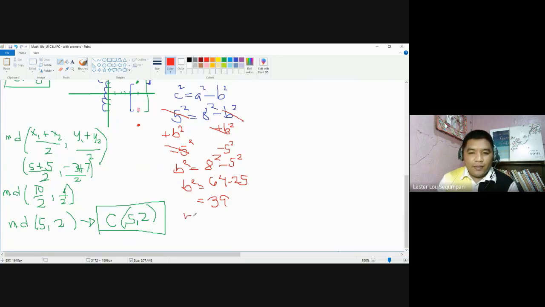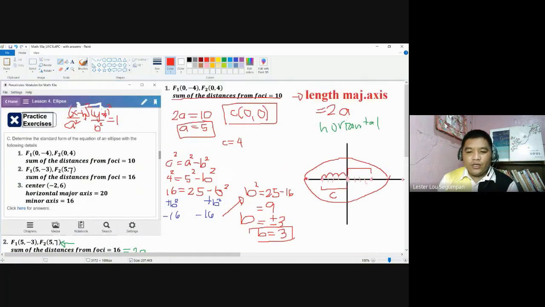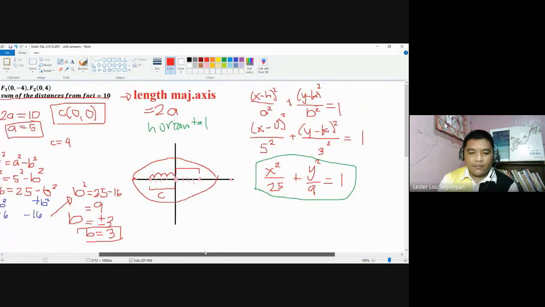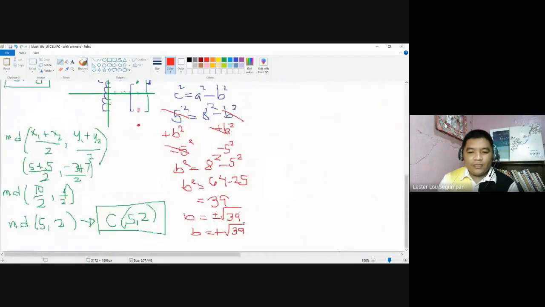And then b is equal to positive or negative square root of 39, or b is actually the positive square root of 39. You don't need to worry about this because later on, when you come up with an equation, you're still going to take the square of b, so the square root will still be simplified.